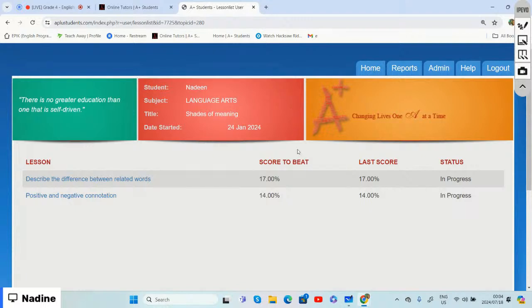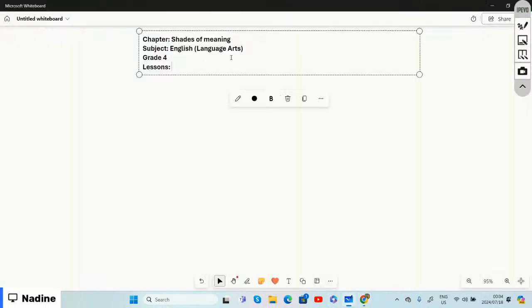All right, so shades of meaning, right? We're going to find out what shades of meaning are, but if we even look at the word, shades of meaning has to do with words with different meanings, right? So we're going to find out what shades of meaning are. And our chapter is Shades of Meaning. The subject is English Language Arts Grade 4.